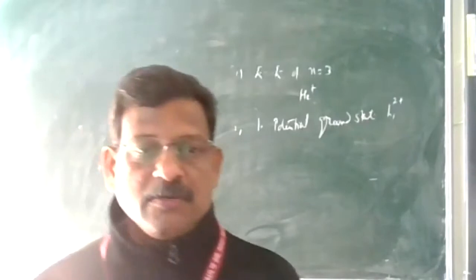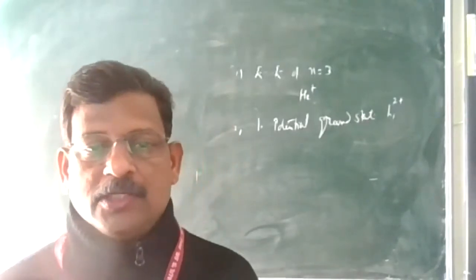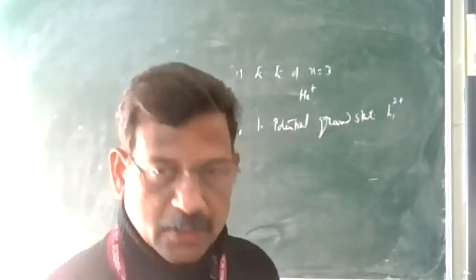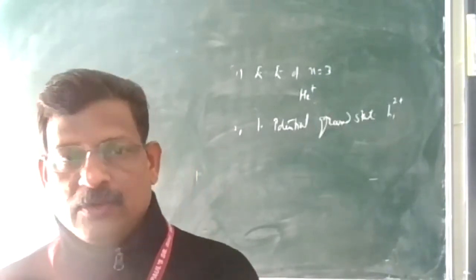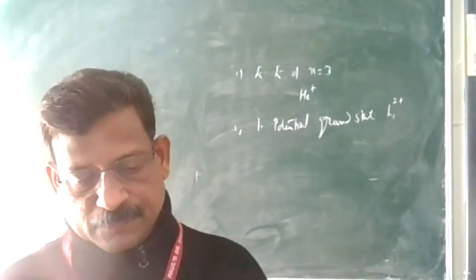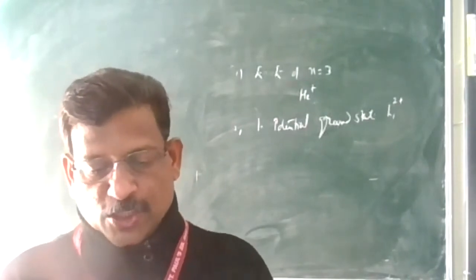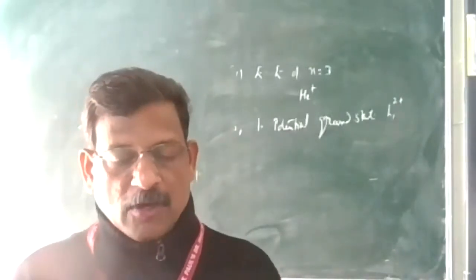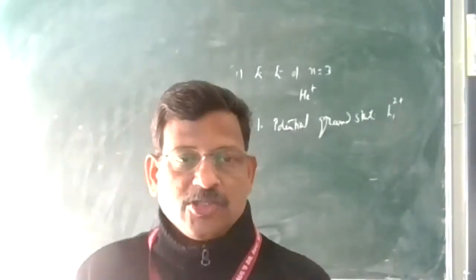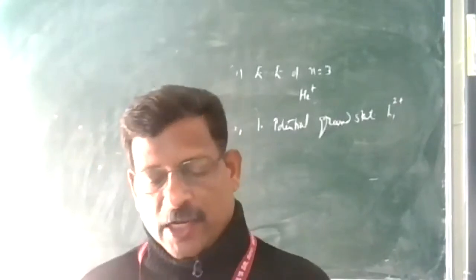So one electron is available in helium and one electron is available in Li, 2 plus ions again. So calculate this value. Calculate the excitation energy of n equal to 3 level of He plus and the ionization potential of the ground state of Li2 plus.